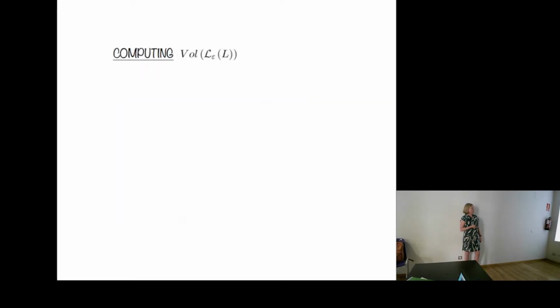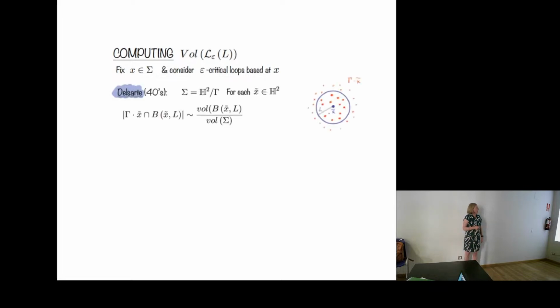So how can we compute the volume of all the epsilon critical ones? Let's first fix a point in our surface and consider those loops based at that point, and then I'm going to vary the point. First, this is the lattice point counting I was mentioning. Delsarte proved in the 40s, so it's very classical, that the lattice points under a Fuchsian group in the hyperbolic plane equidistribute.